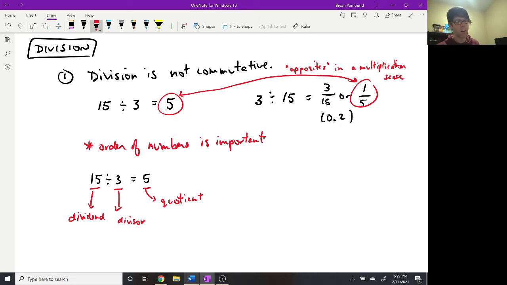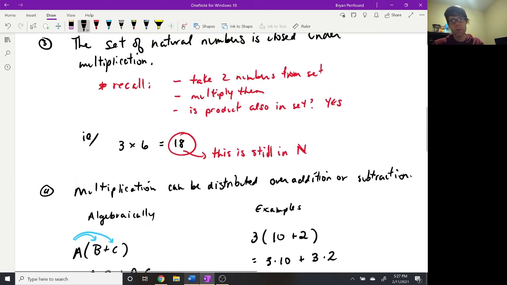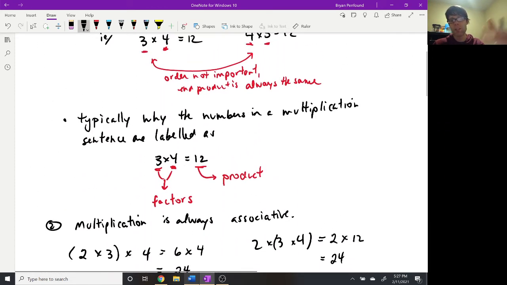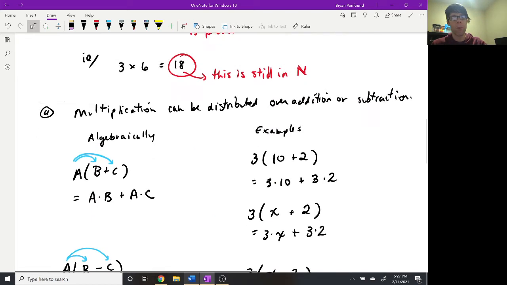So the first number we'll refer to as the dividend, the second as the divisor, and the final answer as the quotient. And the reason it has 3 different names is because division is not commutative. So order is important. It's important to label these differently, unlike multiplication, where we can just call both of those numbers factors because the order is not important.